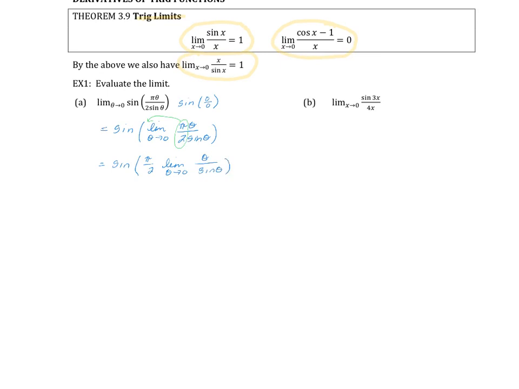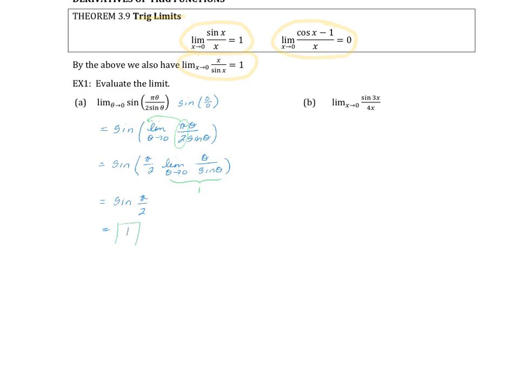And from the previous theorem that we just looked at, the limit as theta goes to 0 of theta over sine of theta is equal to 1. So this will be equal to sine of pi over 2, and sine of pi over 2 is 1.